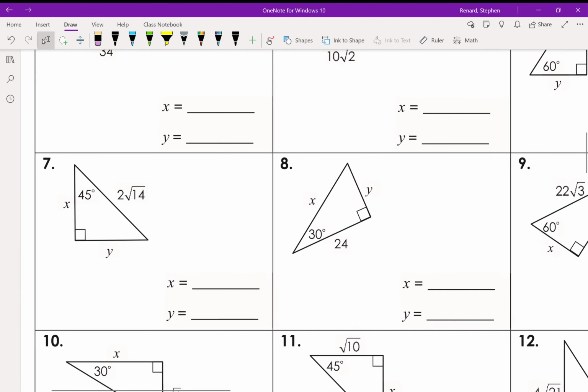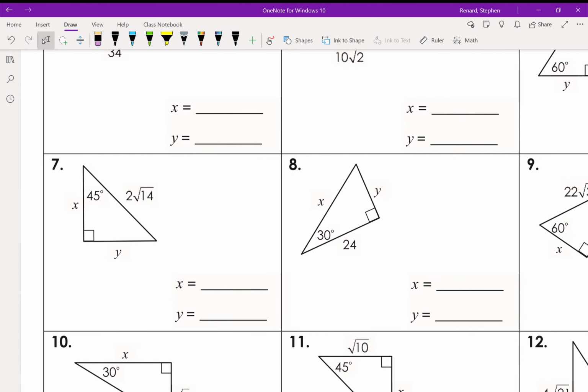Okay. Let's look at number 7. Number 7, we have a 45-45-90, and that's our hypotenuse. So we have 2 square root of 14, and the chart tells us we're going to multiply this by square root of 2 over 2.